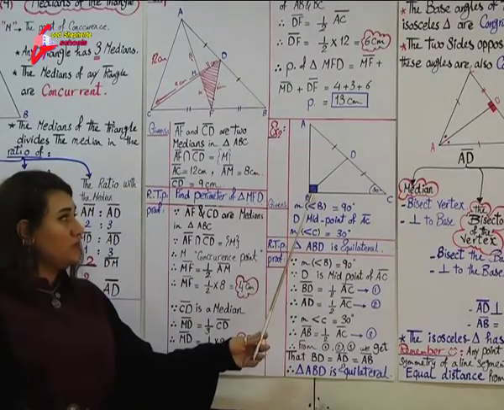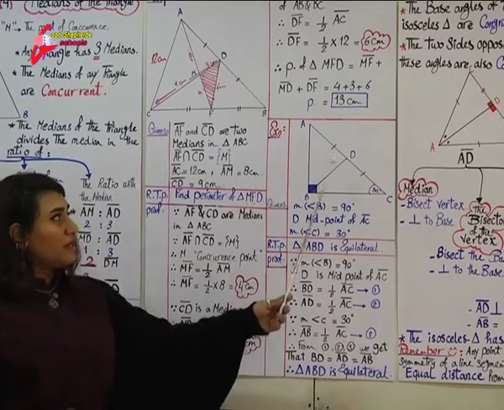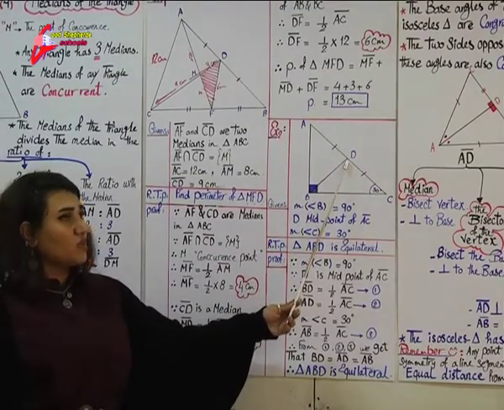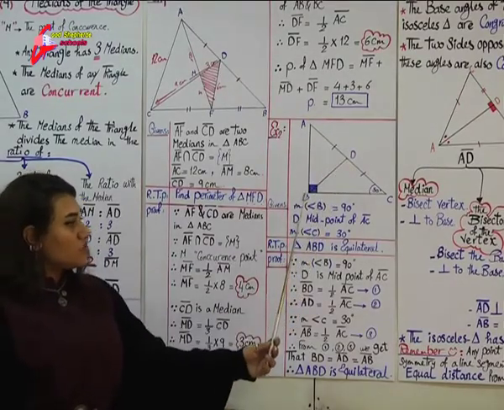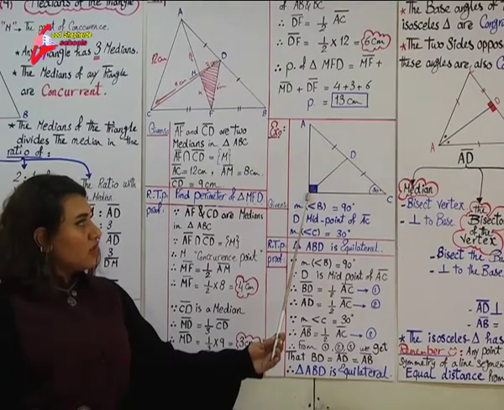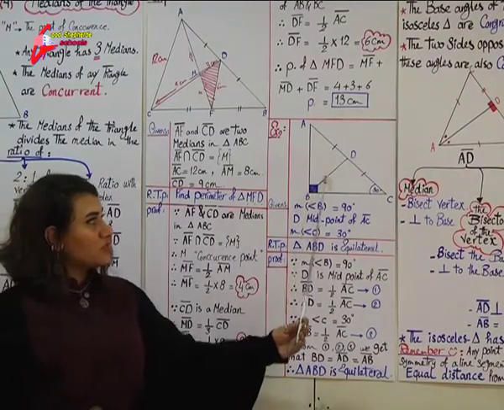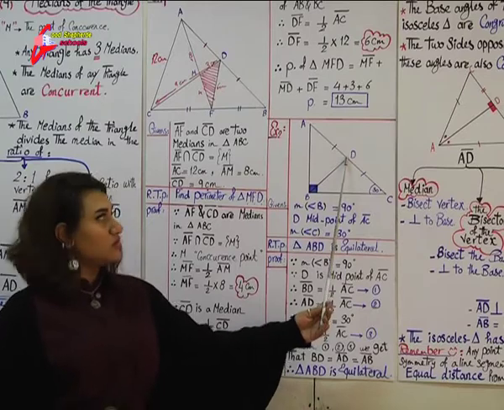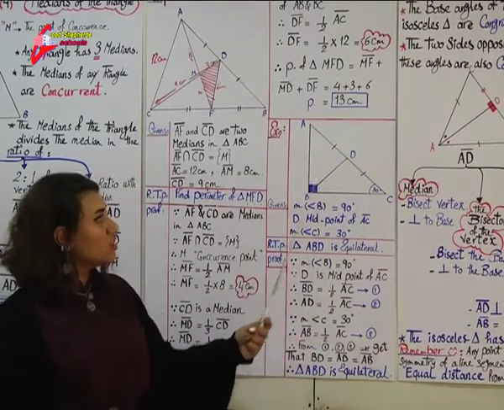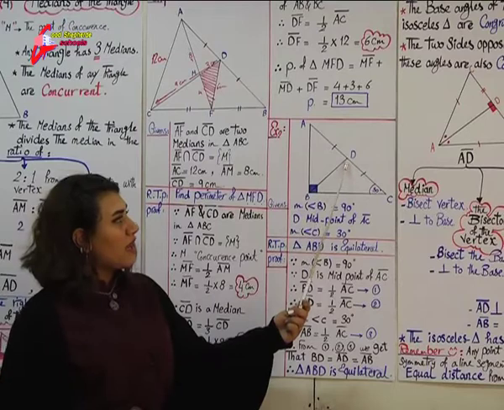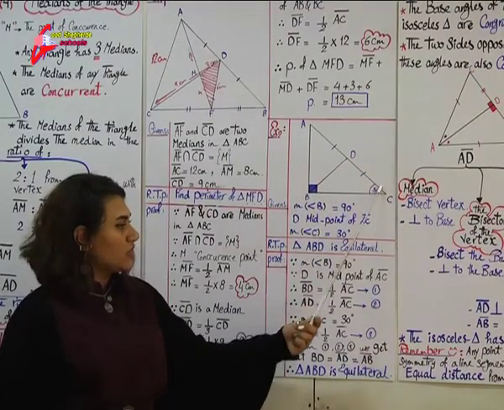Since measure of angle B equals 90 degree, and D is the midpoint of AC, you can get two things. If this one is a right angle, the line drawn from this vertex, BD, to the opposite side, which is the hypotenuse, then BD will be half the hypotenuse, means half AC.